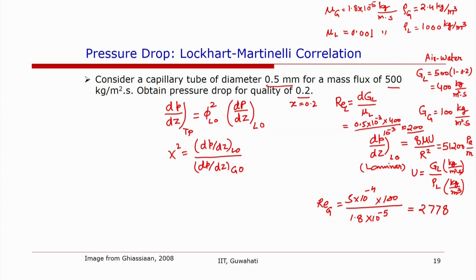So let us make this calculation separated. So that is the calculation for Reynolds number of liquid phase, this is Reynolds number of gas phase, and because this is more than 2100, we will use the Blasius correlation. We will treat it as turbulent flow.